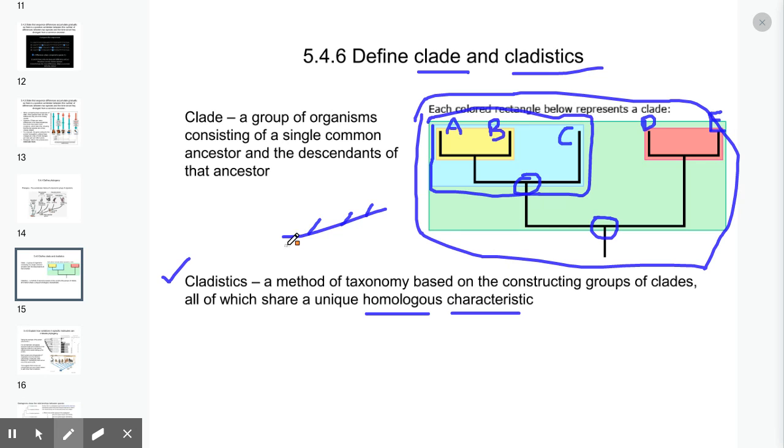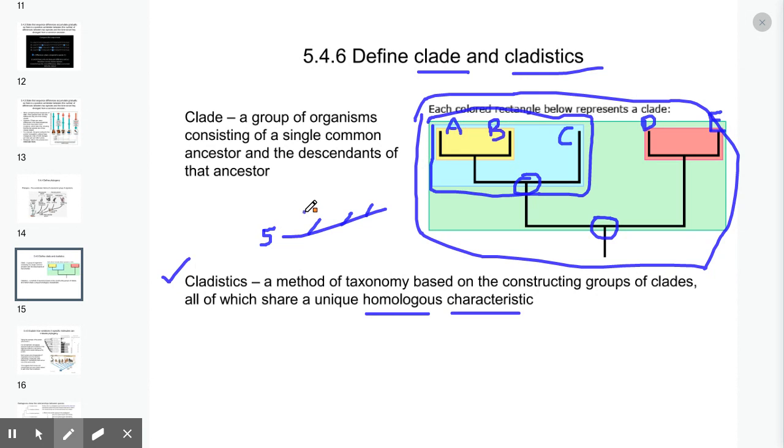So how did that happen? What allowed a whole bunch of organisms to have 5 fingers but use them so differently? So there must have been a common ancestor way back when that had 5 fingers. And through that time, we see organisms still with those 5 fingers, but they're using it for different things.